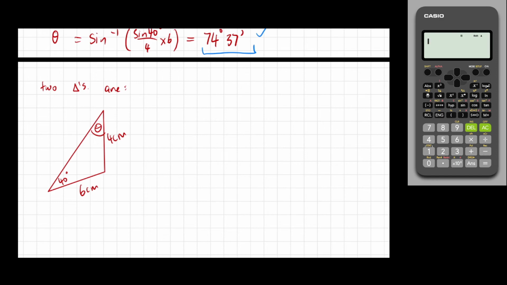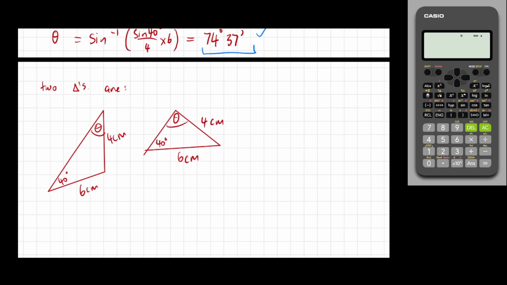And then I'd also have one that's something like this, with a much bigger angle coming like this. But these two triangles still have the same three initial dimensions that we were given in the original question.